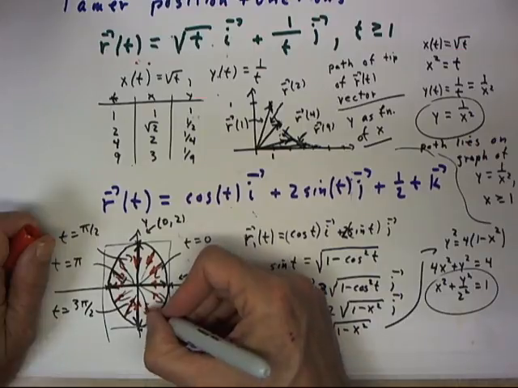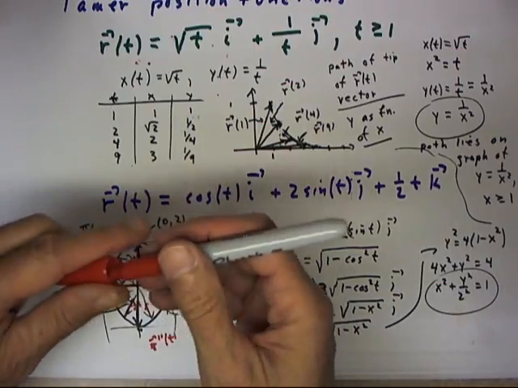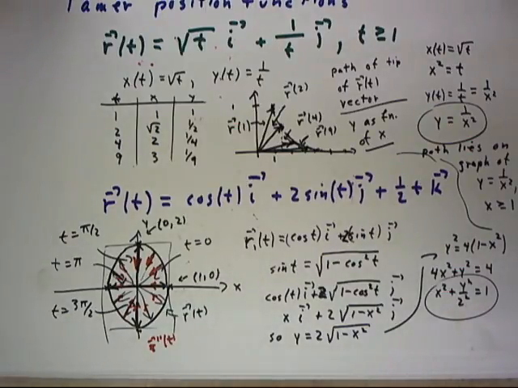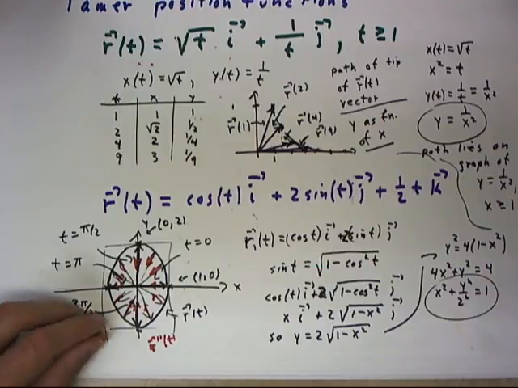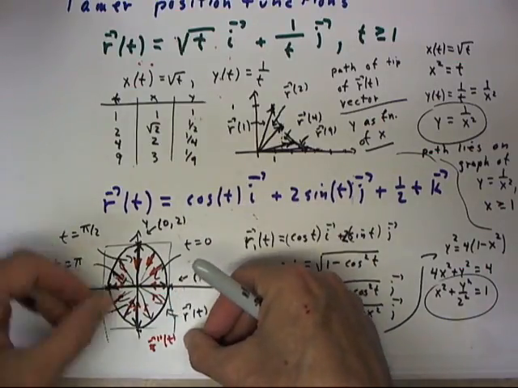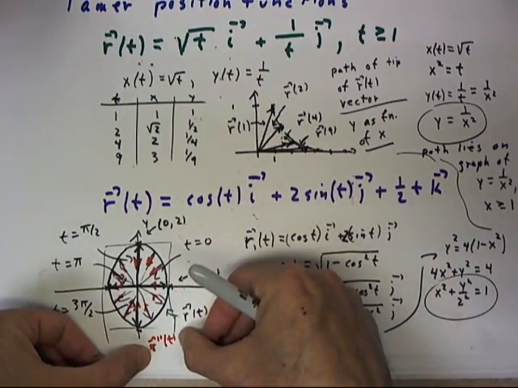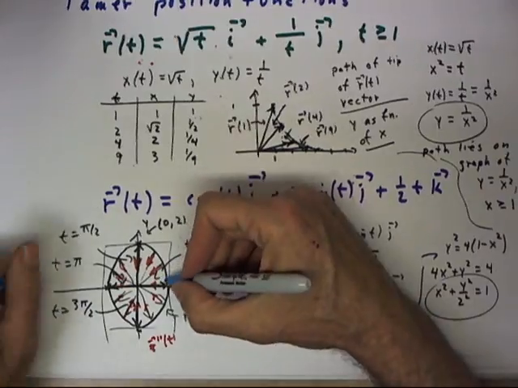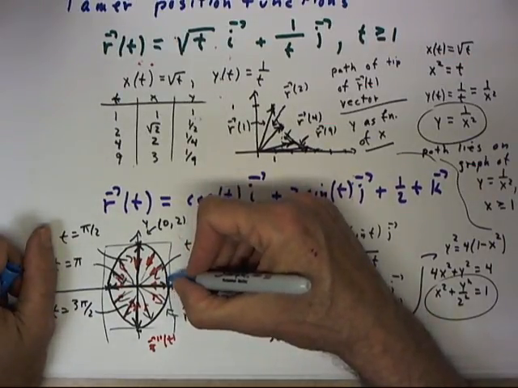Now, we don't absolutely have to do that at this point. I'm trying to make the point, though, that this r double prime vector, this acceleration vector, has properties that we can get by simply analyzing the magnitude of the r double prime function and the direction of the r double prime function. The r prime function, as we've seen, is bigger here.